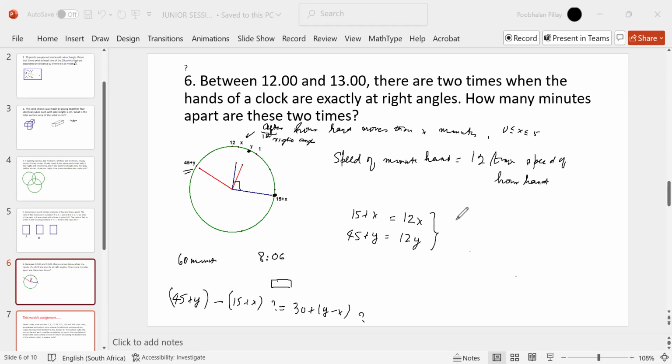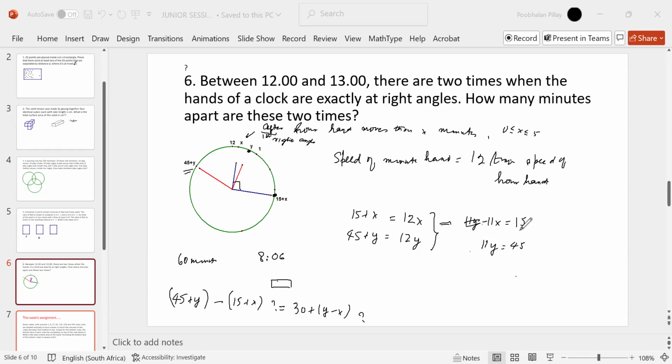Now, let's see here. I've got x's on both sides. So you got 11x, sorry, 11x is equal to 15, 12x minus x. And here too, I've got 11y is equal to 45, 12y minus y. So you can solve for x and y.